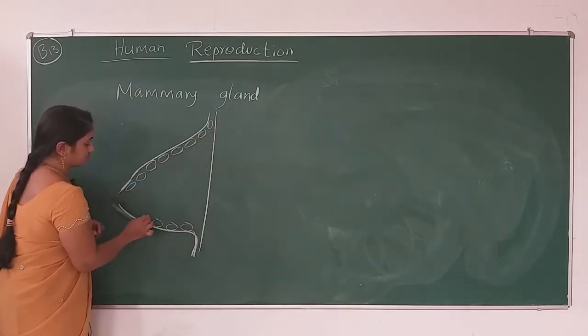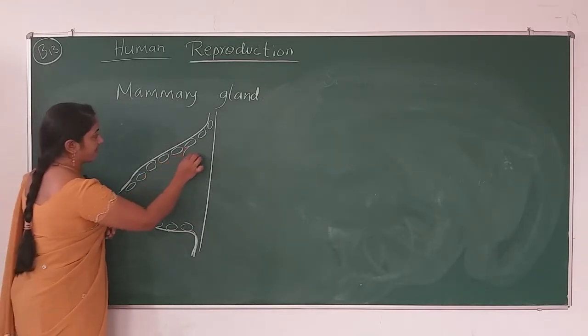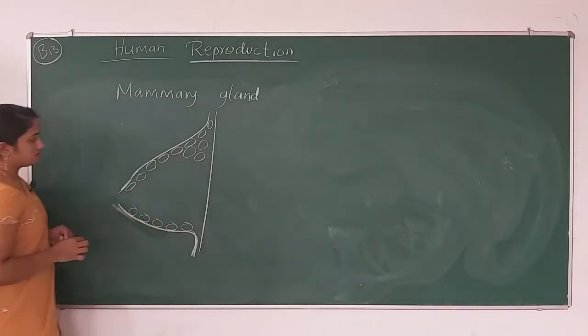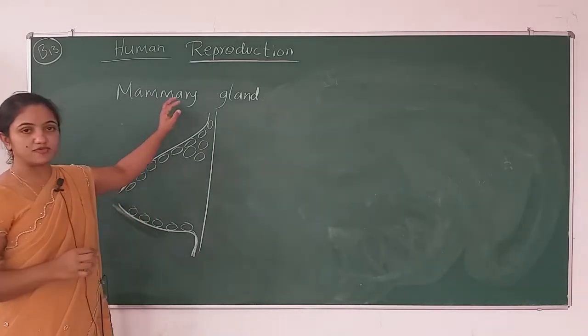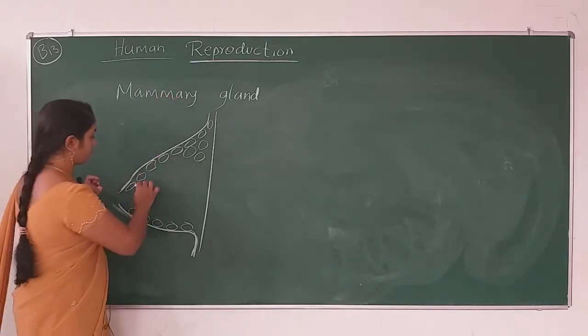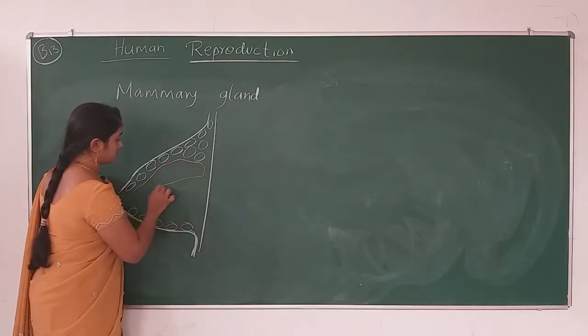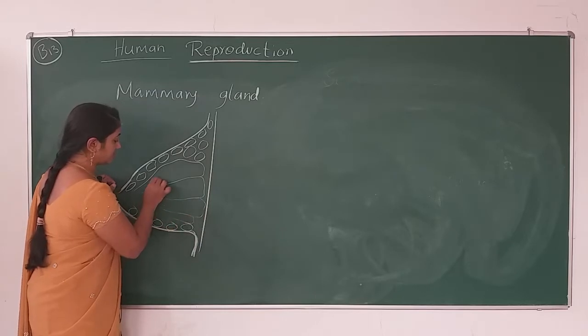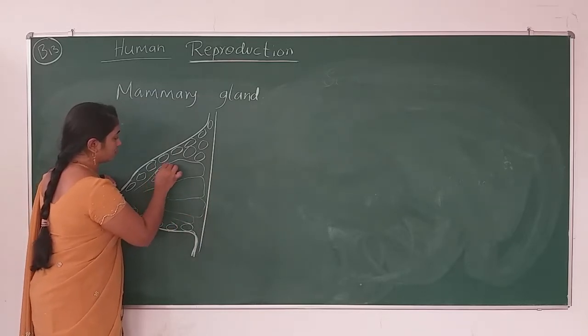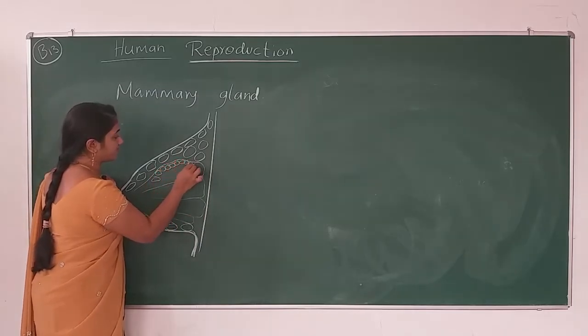This is the fat content present in the mammary gland, and each mammary gland consists of lobes. Lobes are 15 to 20 in number, each lobe having a number of clusters.